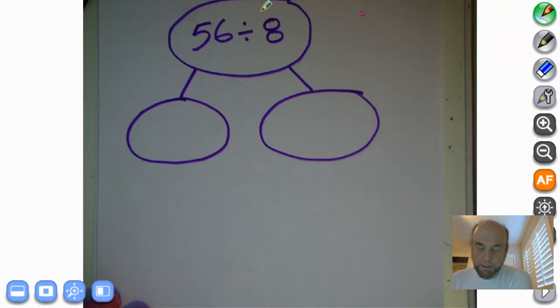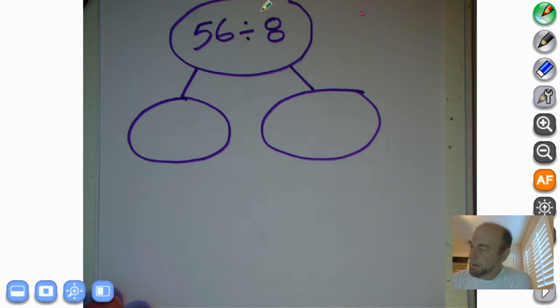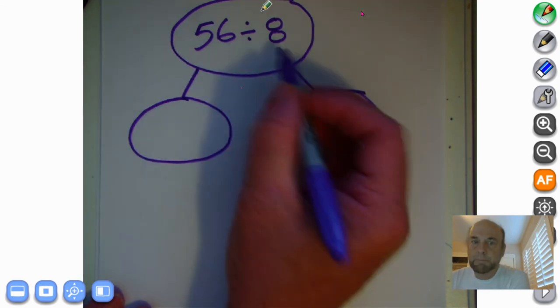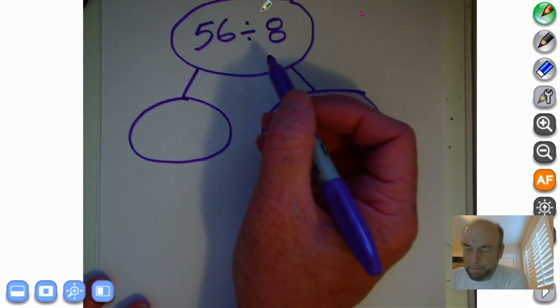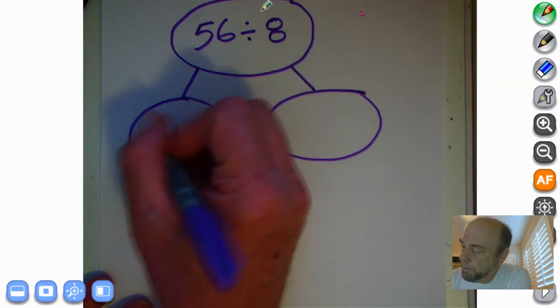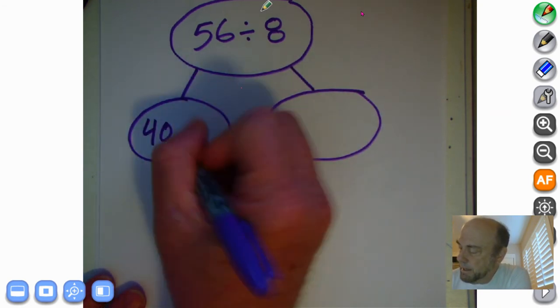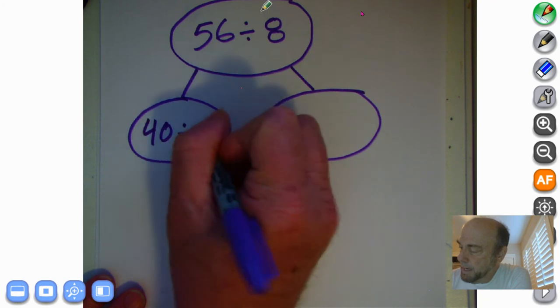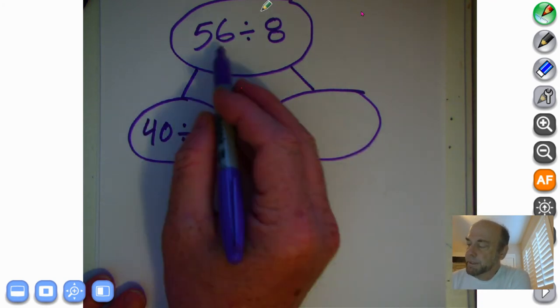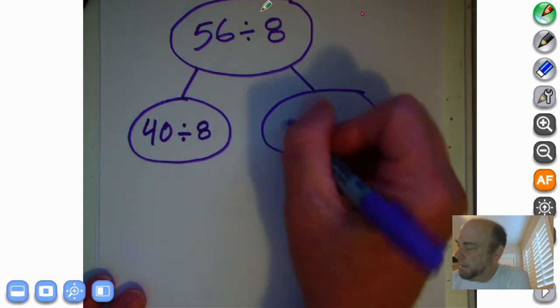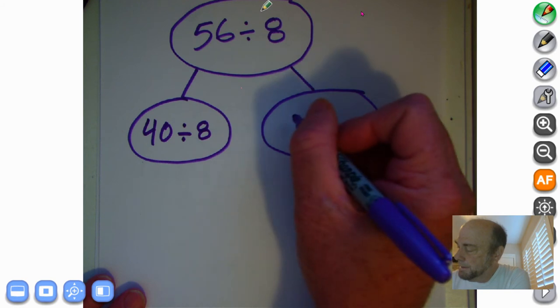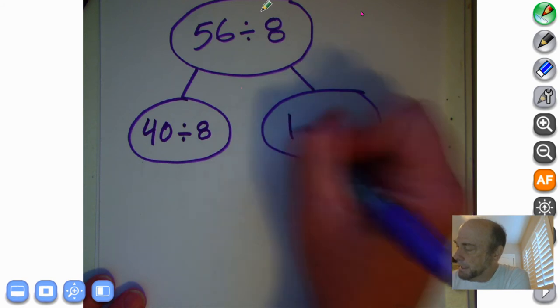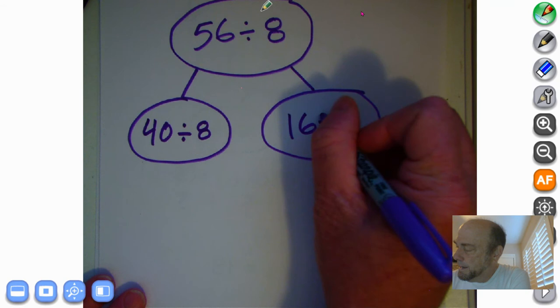The first thing we would do is figure out that 8 times 5 is 40, right? So I could do 40 divided by 8. 56 minus 40 is 16, so I have 16 divided by 8.